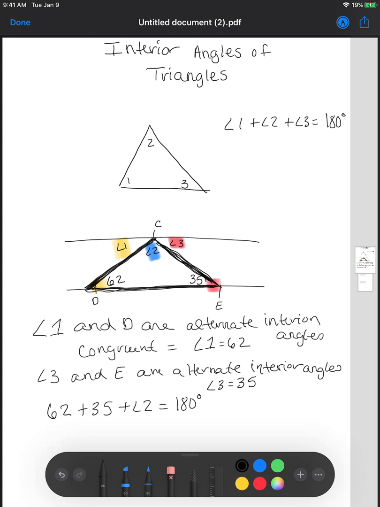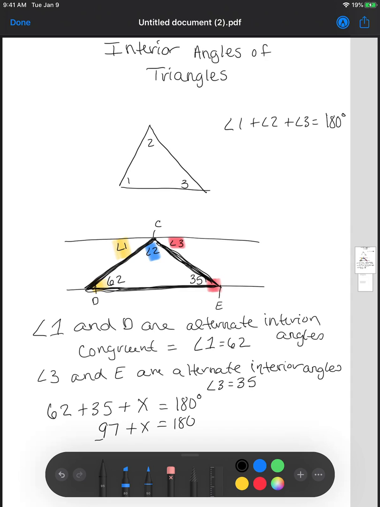Instead of angle 2, I'm going to write x as a placeholder so we don't get confused with the number 2. So 62 plus 35 is 97. So I have 97 plus x equals 180.